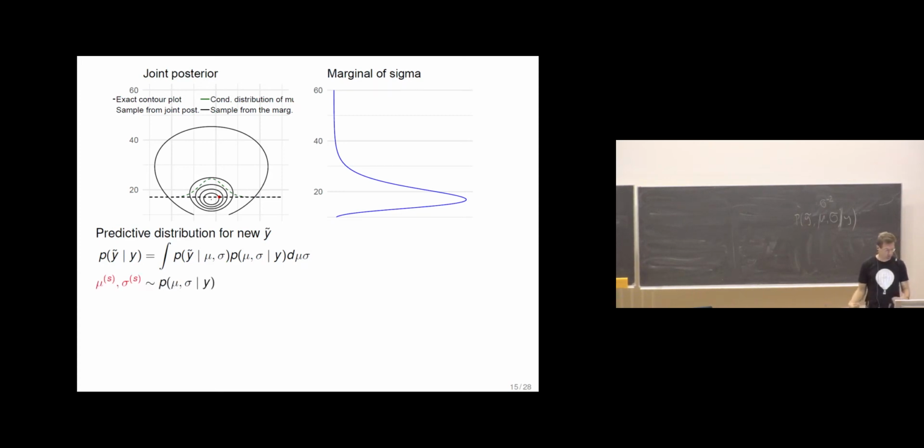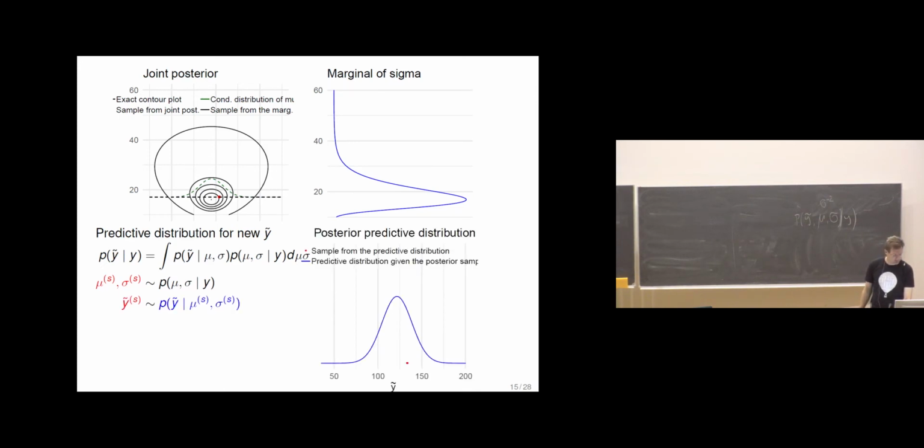We can do this also by simulation: draw from the joint distribution, and then we can draw one simulated predictive distribution, and also draw from that one simulated predictive distribution one possible future observation value, which is the red dot there. And then we can get more and more draws.